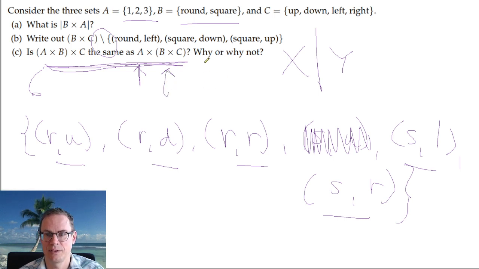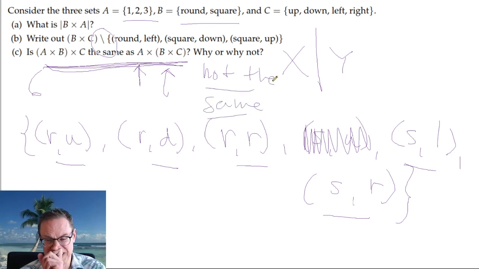And the answer is not the same. One reason is that the ordered pairs in this first set are ordered pairs where the first element is an ordered pair. But in the second case, they consist of ordered pairs where the second element is an ordered pair. So not the same.